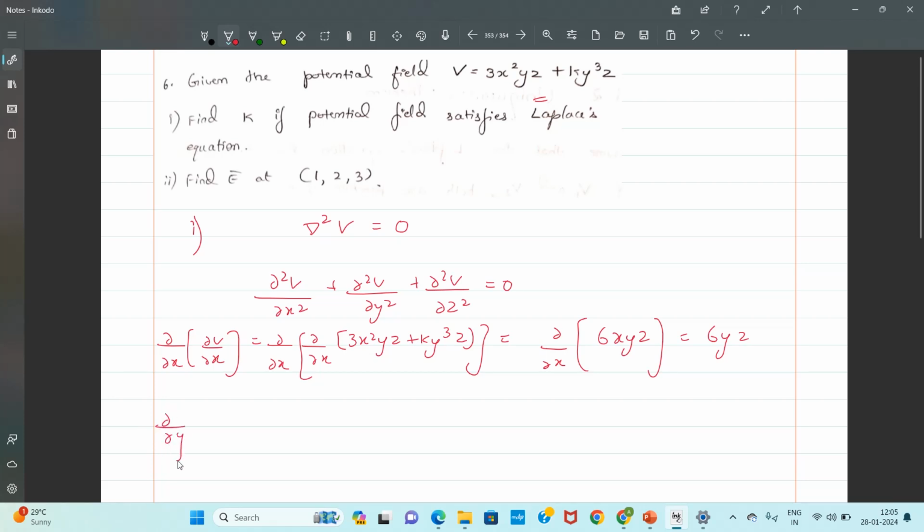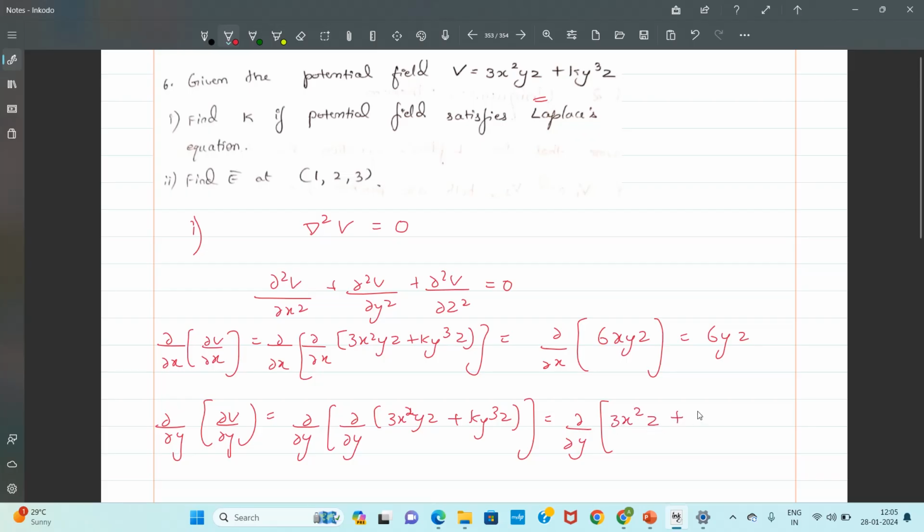Similarly, the second component, dou by dou y of dou V by dou y, where V is 3x square yz plus ky cube z. The first term differentiation will give you 3x square z, and the second will give you 3ky square z.